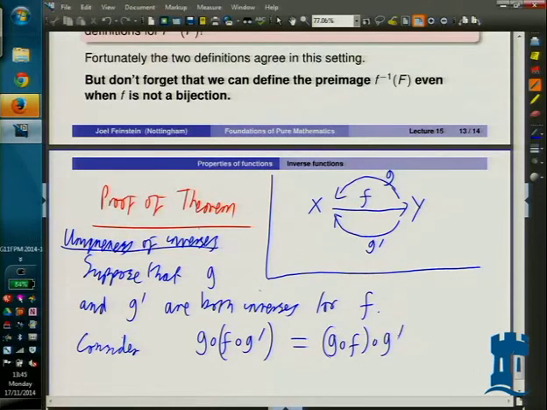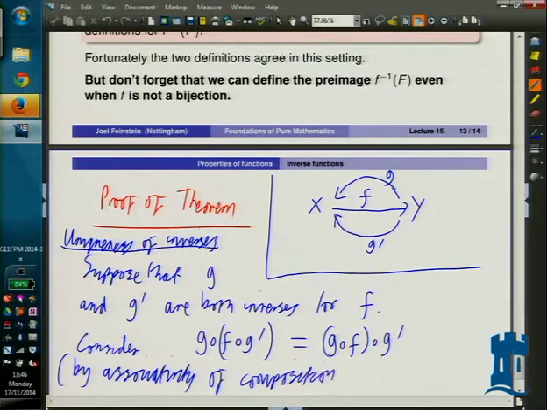That's by associativity of composition. Let's call this the left-hand side, and this the right-hand side. So we've got left-hand side equals right-hand side. That's just associativity of composition of functions. It just means do the three functions one after the other.